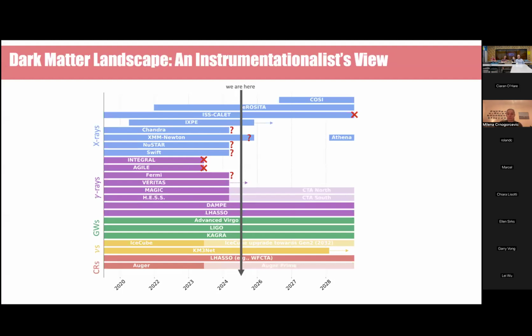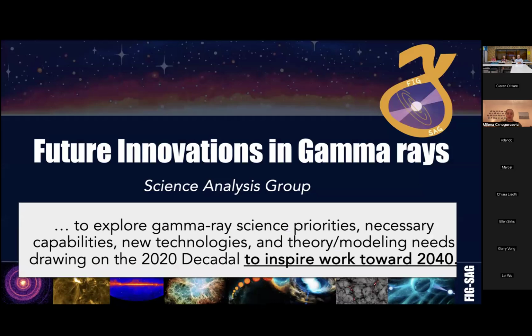Coming back to this plot where we don't really see anything coming up in the next Fermi-LAT energy range, there is a community effort that has been ongoing in identifying, again, the most important and most pressing questions for the next few decades that can be uniquely answered by gamma ray observations.